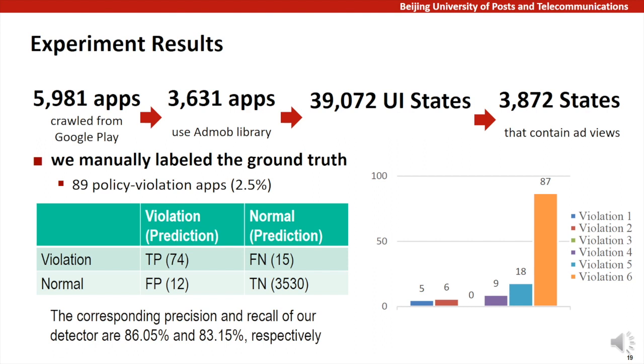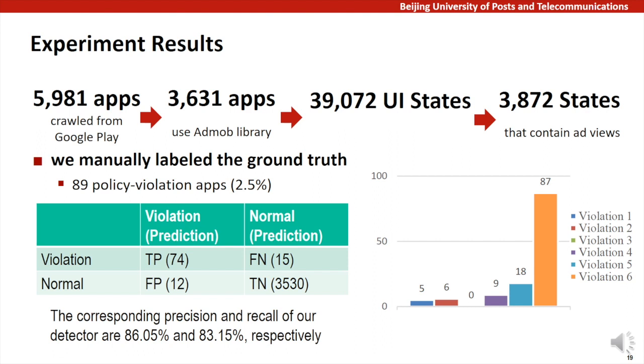We manually labeled the ground truth data. There are 89 apps in our dataset that violate the behavior policies, and our detector could achieve an accuracy of 86%. The distribution of the 89 policy violation apps is shown in the red figure.